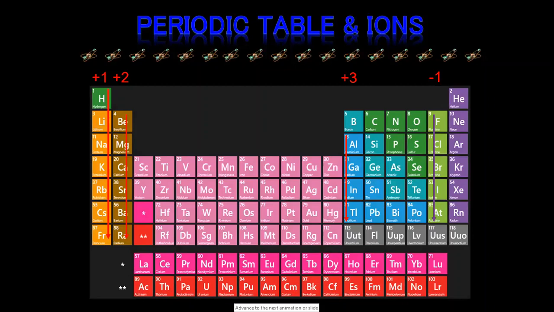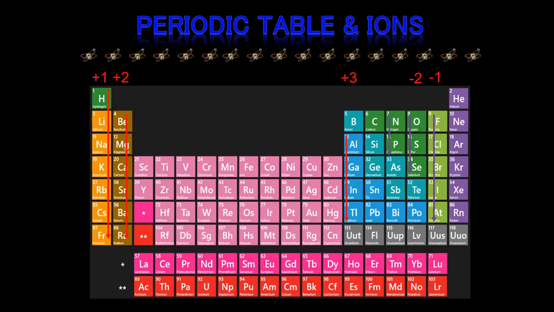And then the oxygen group, they want to gain 2 electrons to fill their outermost shell in an ionic bond. Therefore, they're going to have a -2 charge.